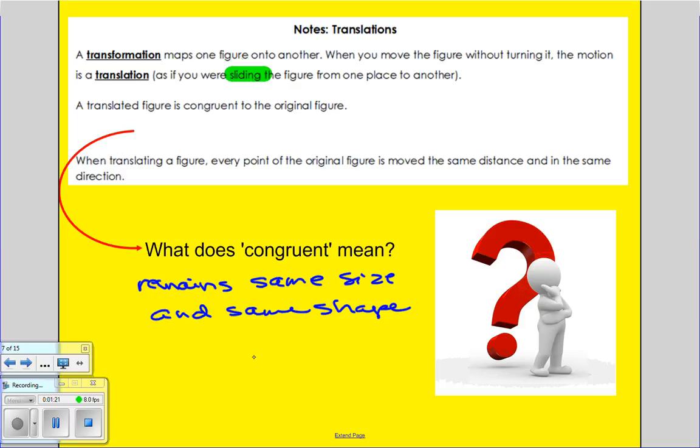So if I have a coordinate plane and I have a square, or let's call it a triangle here, that'll be a better example.